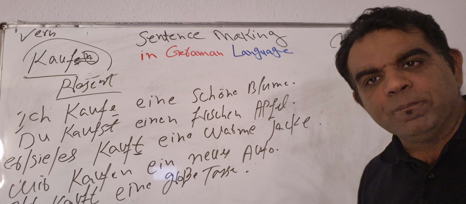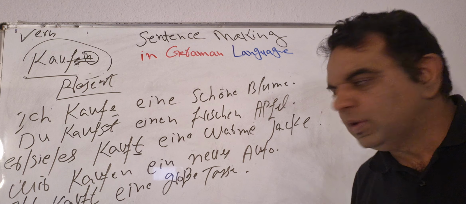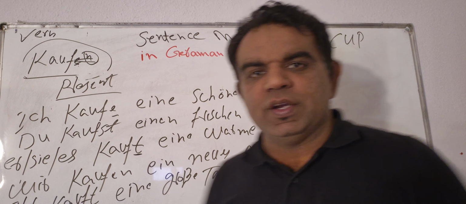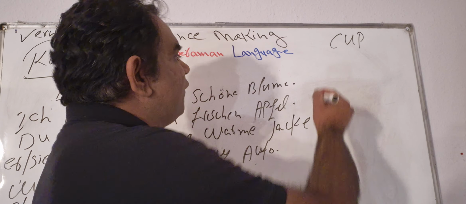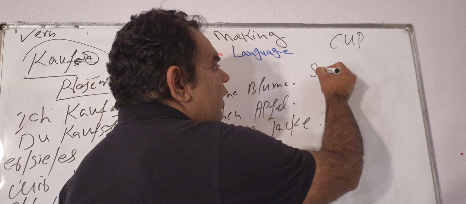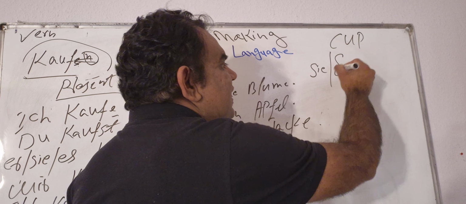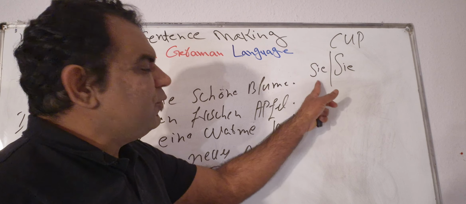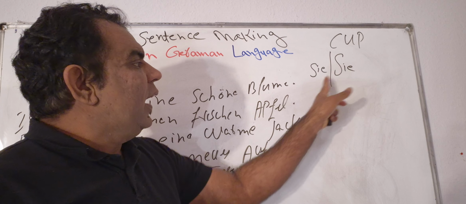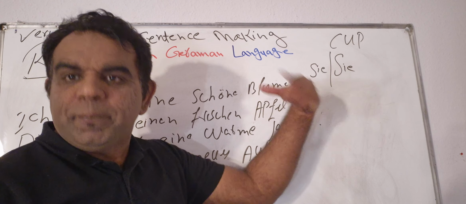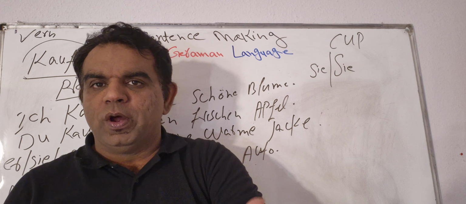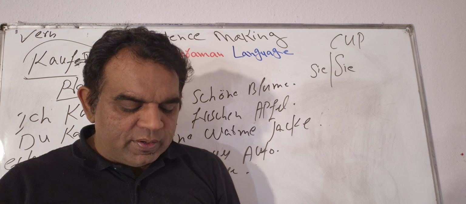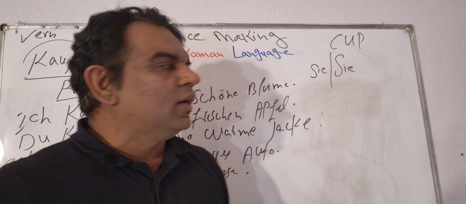Genau. Okay. Now look at this. The last sentence you have to look at carefully. If we have a subject sie, or with a capital S, Sie, it means that with the small sie we mean they, and when you say Sie with a capital S, you say you formal. Sie kaufen ein tolles Geschenk.